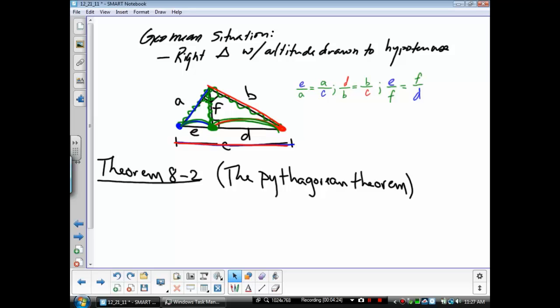Okay, the two pieces we're going to use, and let me go ahead and state the theorem first up. I guess I haven't done that yet. The Pythagorean theorem says that the sum of the squares of the legs of a right triangle is equal to the square of the hypotenuse.